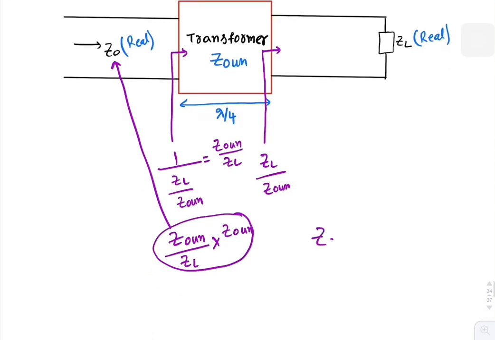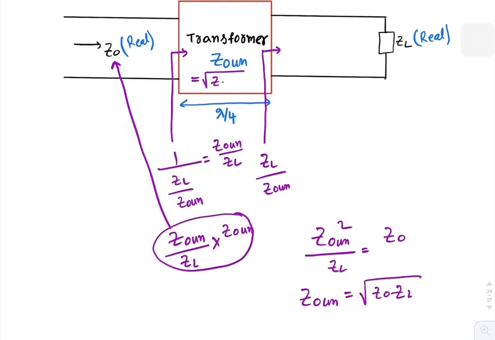Therefore, Z0 unknown square by ZL equal to Z0, which is the characteristic impedance of the transmission line. So I can write Z0 unknown equal to root over Z0 into ZL. Therefore, the characteristic impedance of this transformer is Z0 unknown equal to root over Z0 into ZL.